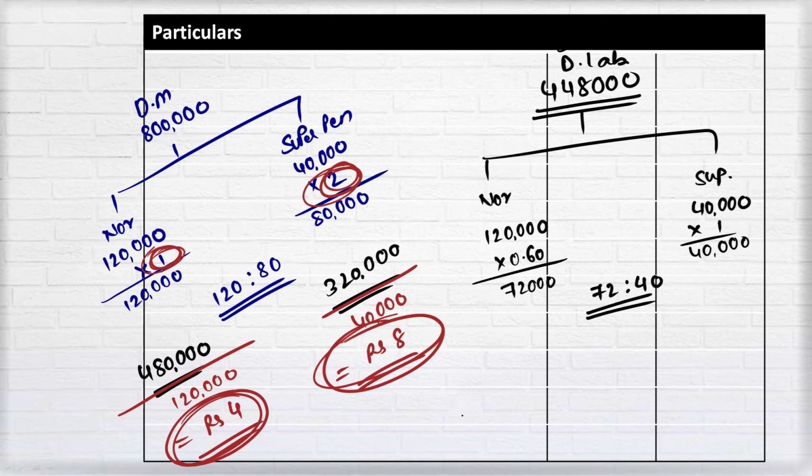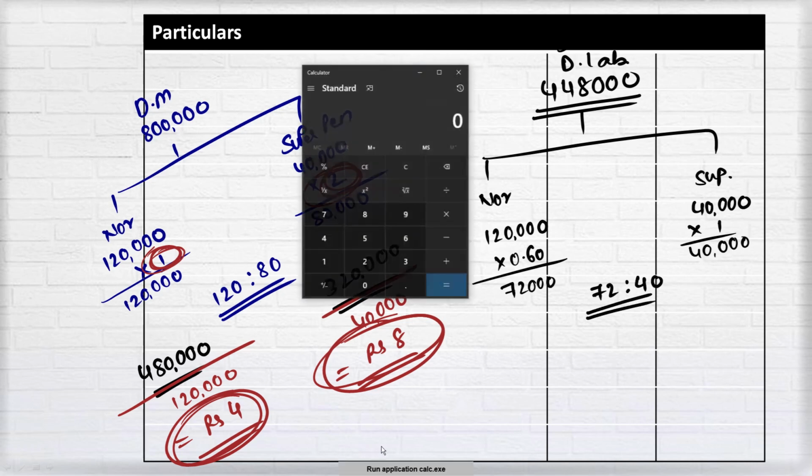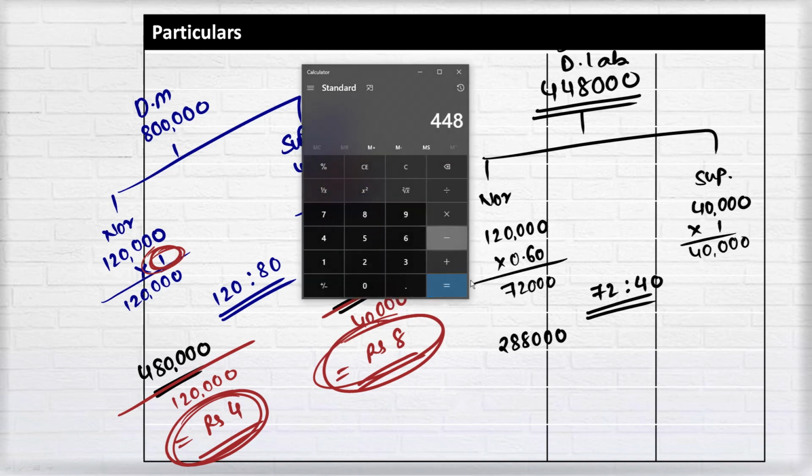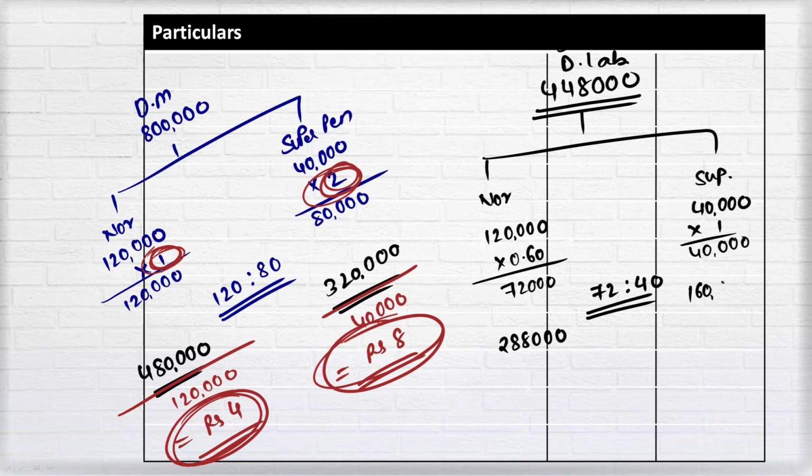You can distribute it. 4,48,000 multiplied by 72 divided by 112. 2,88,000. 4,48,000 minus 2,88,000. It is 1,60,000.